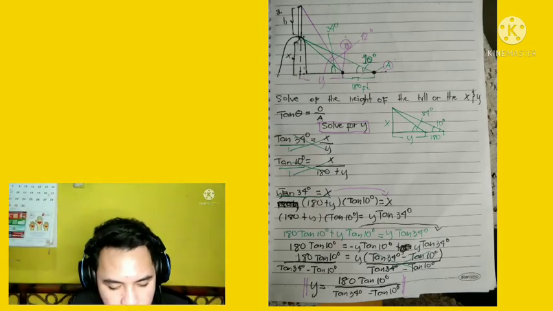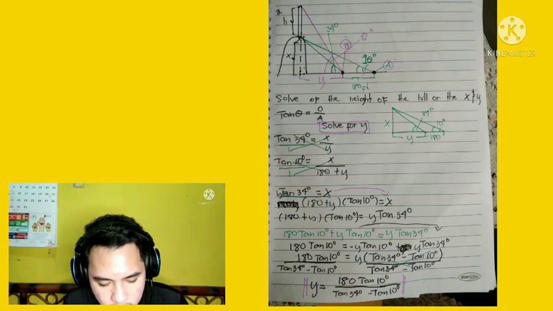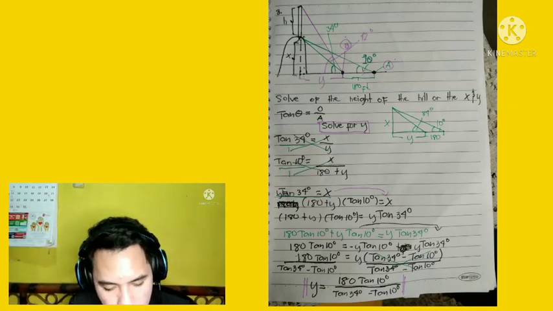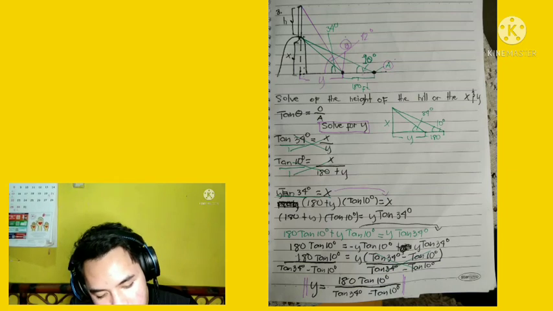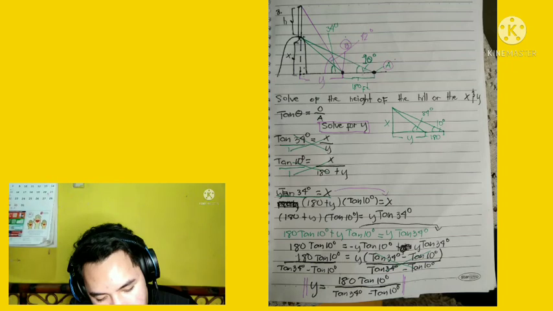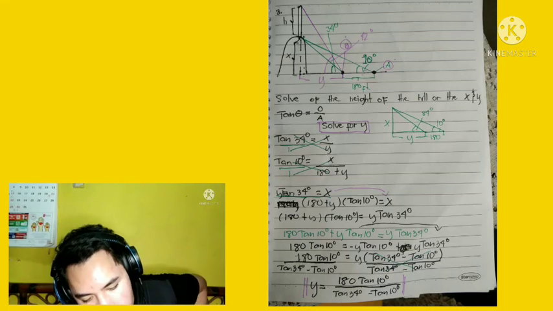So first again we illustrate, then we have now here our illustration. We have h as the height of our tower, and x is the height of our hill. We have here our three angles: 34 degrees, 10 degrees, and our 42 degrees.